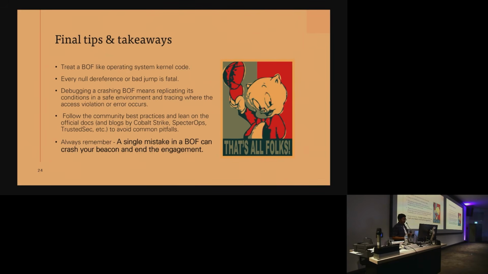Debugging a crashing BOF usually means replicating its conditions in a safe environment and tracing where the access violation occurs. Try to follow community best practices and official documentation. And always remember that a simple mistake in a beacon object file can crash your beacon and end the engagement.